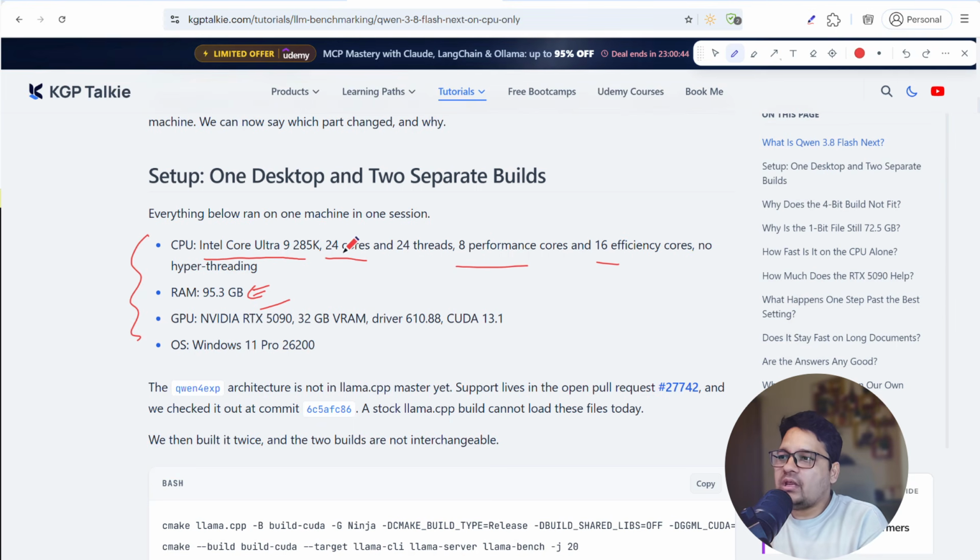Even if you don't have a high-end computer, you can still watch this video and learn the fundamentals: how this model performs on various cores, how it performs with various sizes of the context window and the KV cache, what the generation speed is going to be, and how offloading happens. These are the technical fundamentals you can learn irrespective of what kind of computer you have.